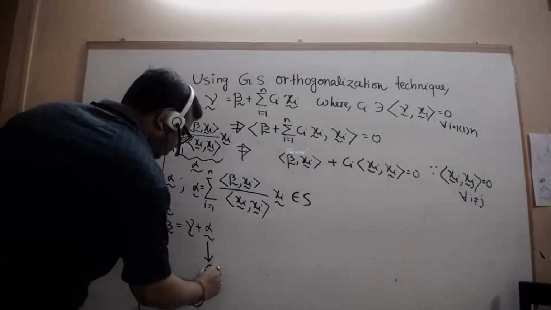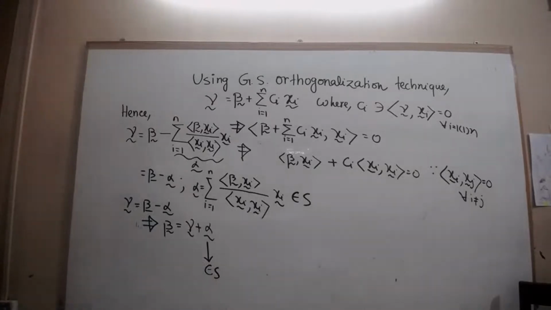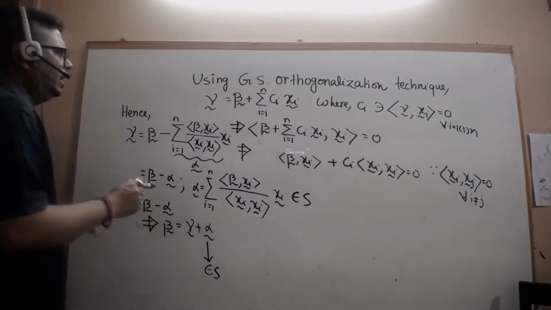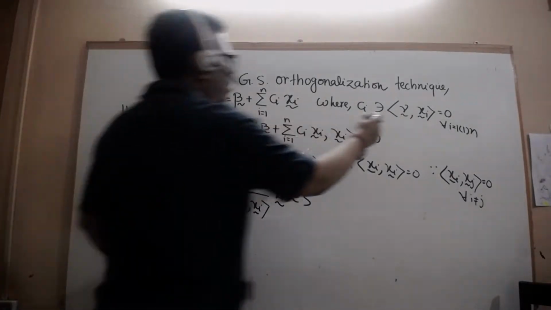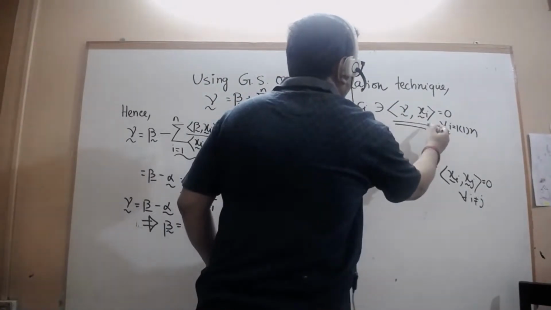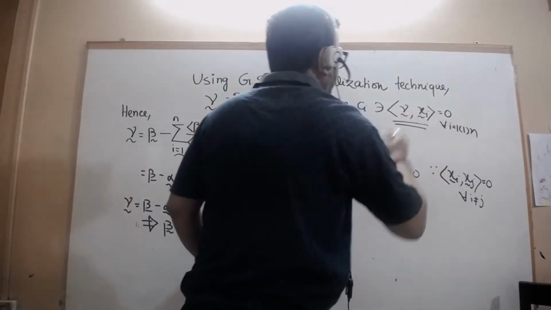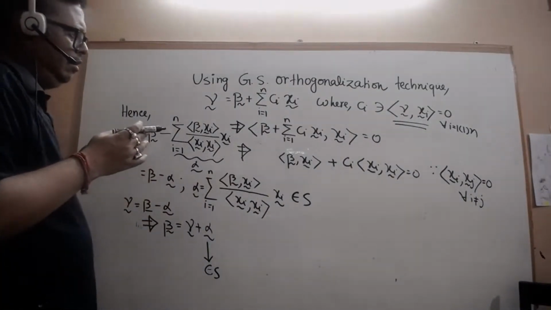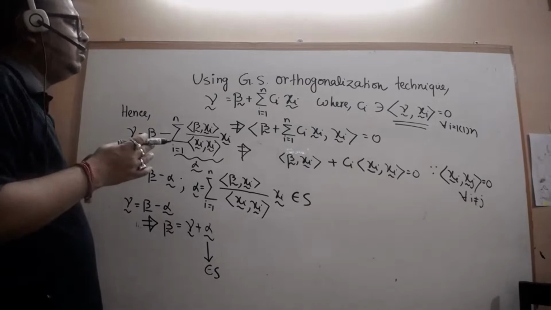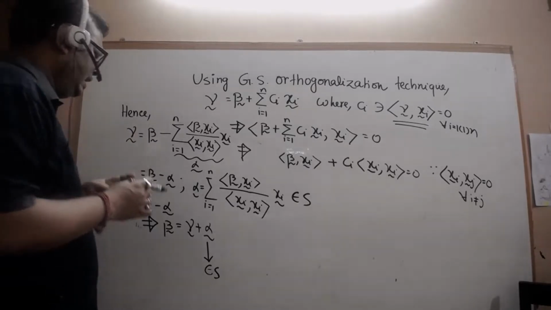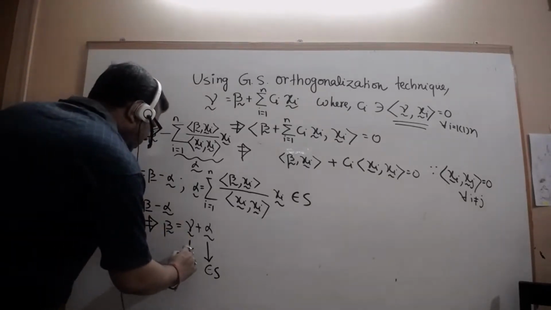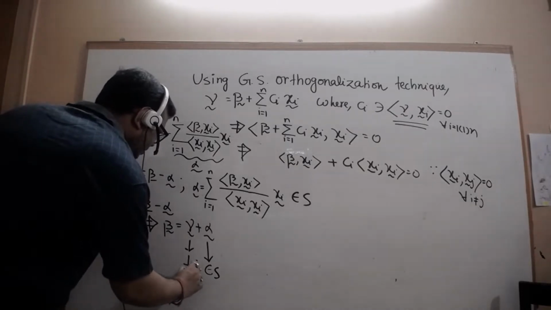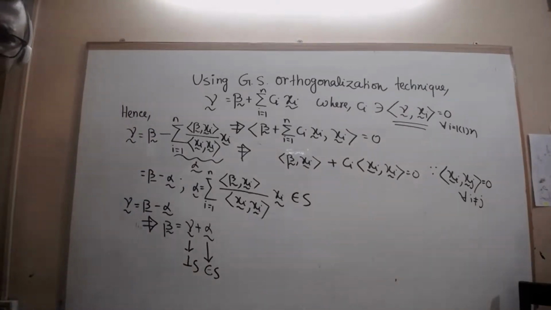So this alpha curl belongs to S, and gamma curl is an orthogonal vector to all the xi's, x1, x2, ..., xn. That means gamma curl is a vector which is orthogonal to any vector in S. This means gamma curl is orthogonal to S. Clear?